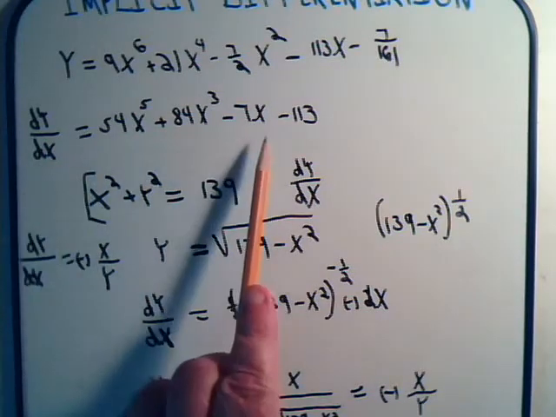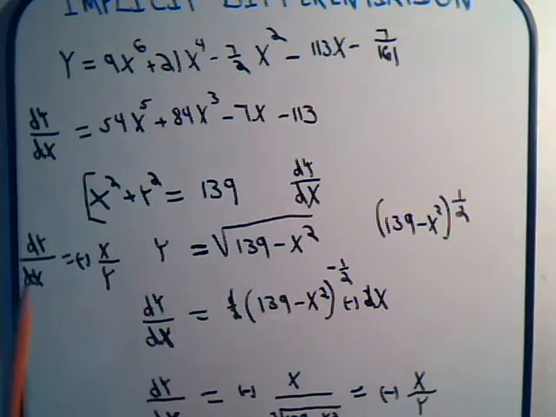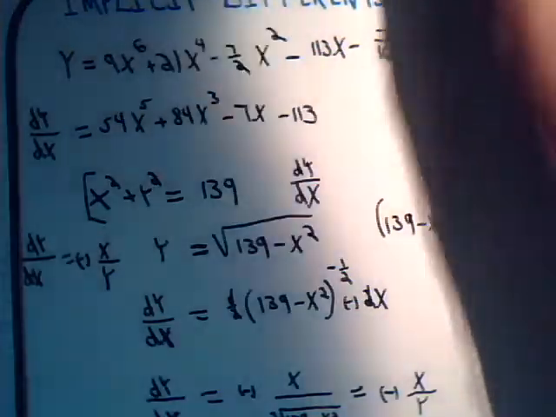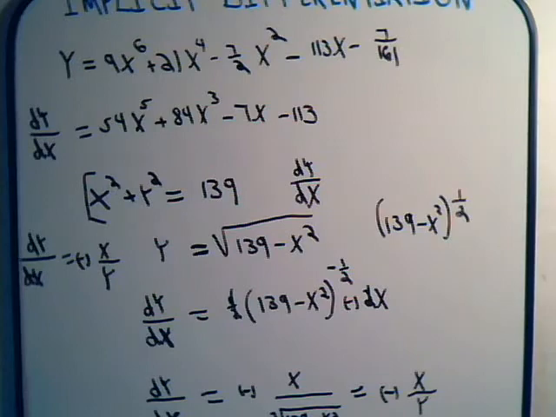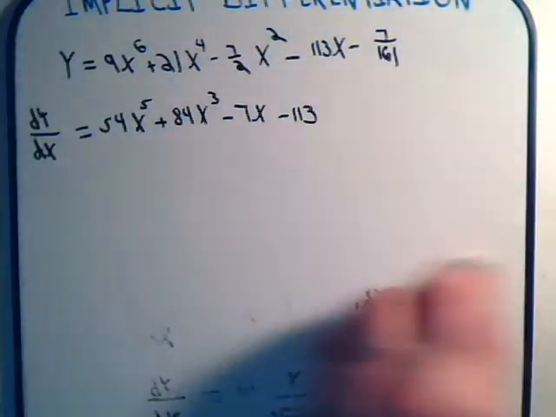For example, if x is 0, dy dx is minus 113. Here, if you want to know what dy dx is, you have to know what x is, and you have to know what y is. So we're getting a different kind of expression now for our derivative. Now, what we did was correct. There's nothing wrong with it. We get the right answer, but we don't have to do it that way.